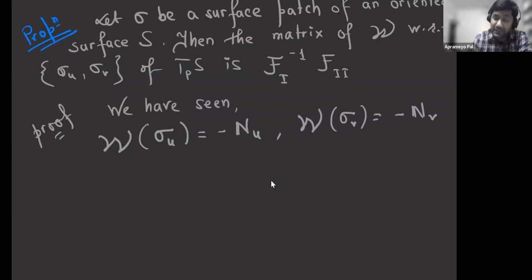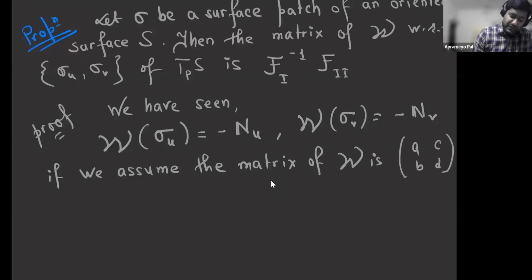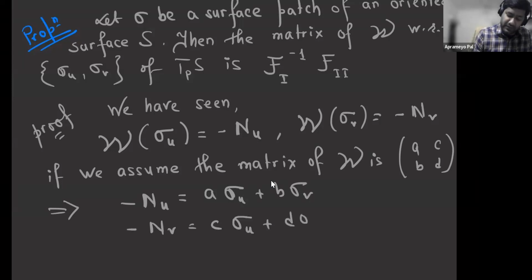Once you know the image of the linear map at the basis elements, if we assume the matrix of W is A, B, C, D, then essentially we are saying that minus Nu is A sigma u plus B sigma v, and minus Nv is C sigma u plus D sigma v. That's the definition of the matrix of the linear map, right?